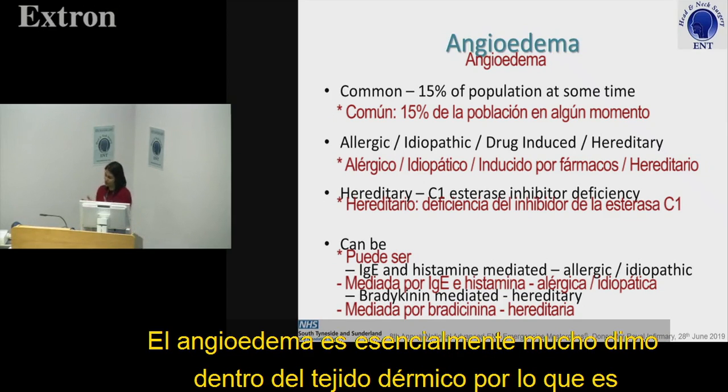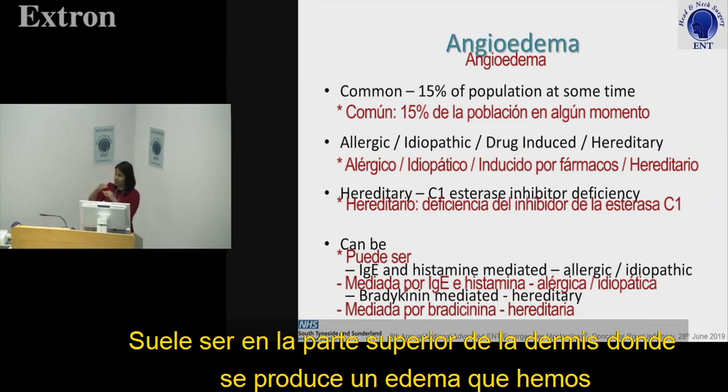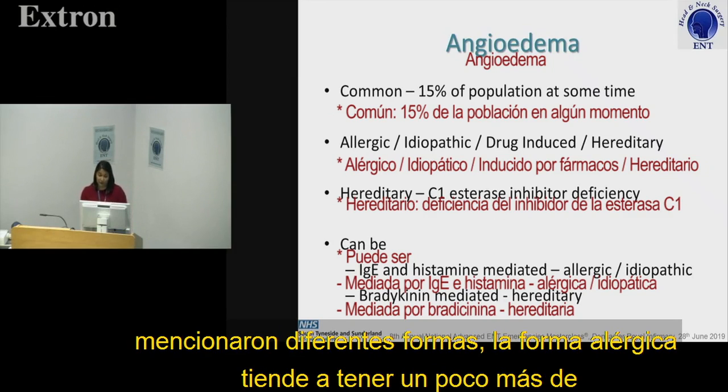So angioedema essentially is a lot of edema within the dermal tissue, so it's subcutaneous and it's submucosal. If you talk about urticaria, it tends to be in the upper part of the dermis that you get the edema. We've mentioned different forms.